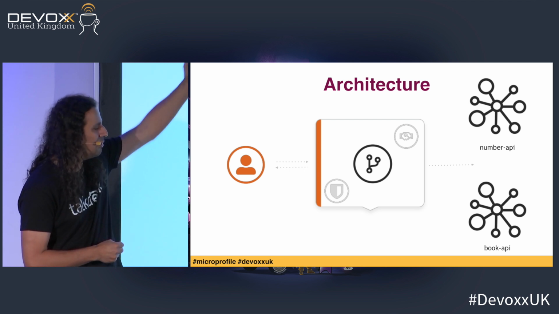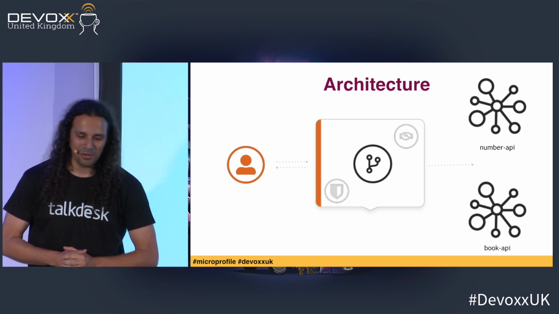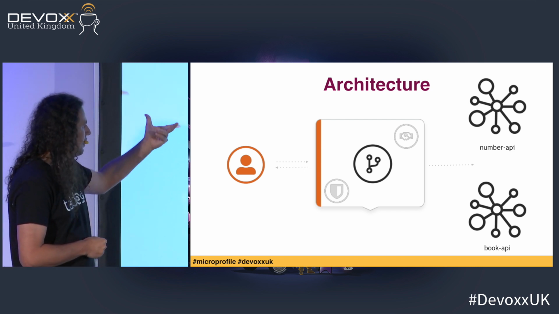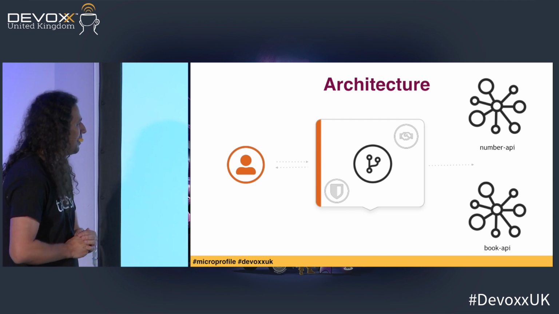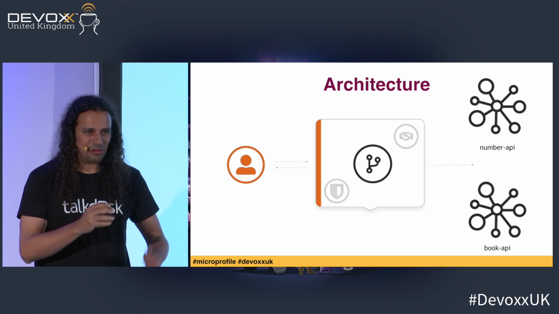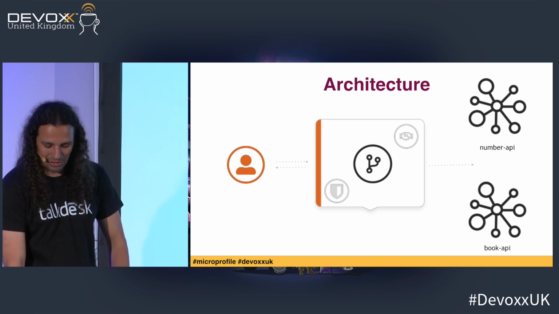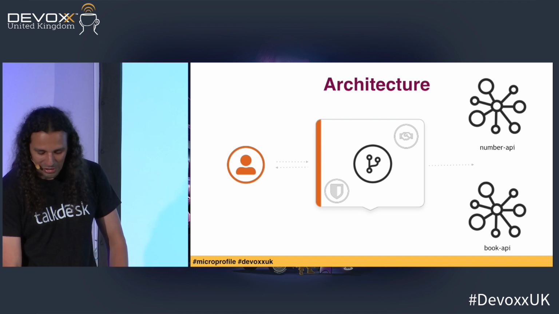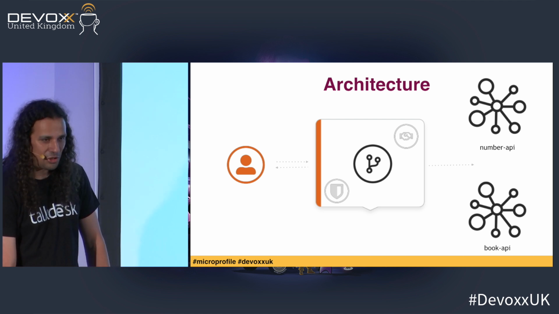So you query the number API to retrieve the number and create one. And of course, then we'll interact with those services using a gateway. Most of the cases we'll just call them directly. In some of the cases, we'll use a gateway, especially when we're doing security, to communicate with them.